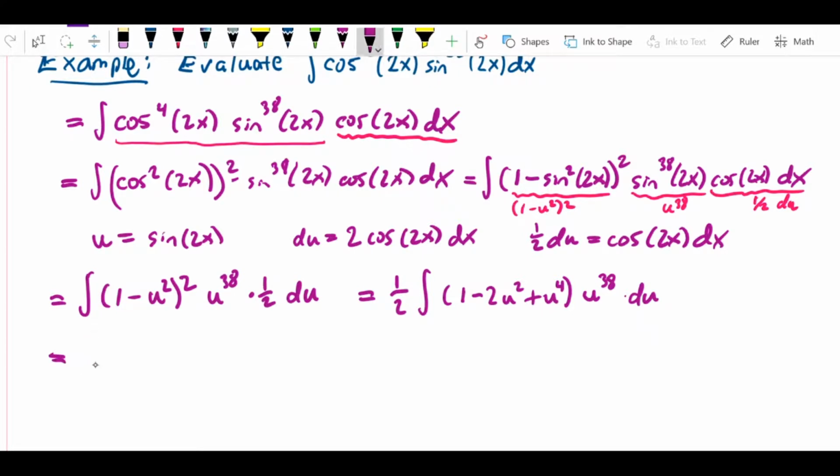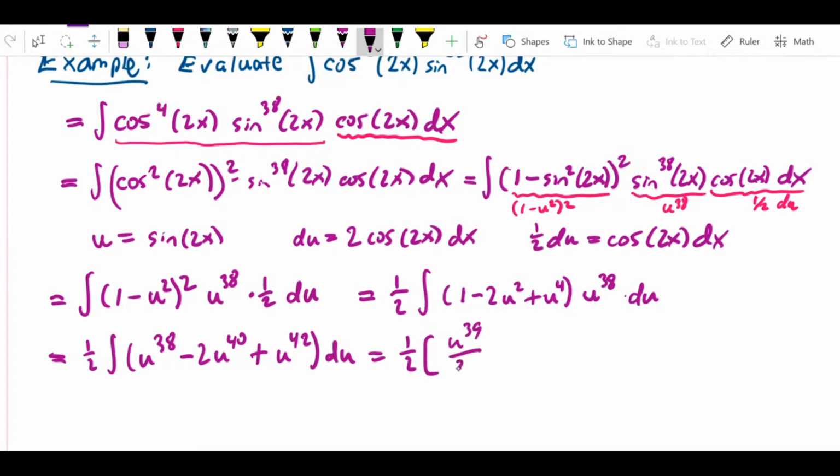Now, let's simplify this a bit more. This is 1 half integral of u to the 38th minus 2u to the 40th plus u to the 42nd du. So that becomes 1 half u to the 39th over 39 minus 2 u to the 41st over 41 plus u to the 43rd over 43.